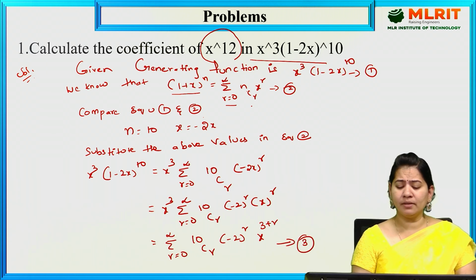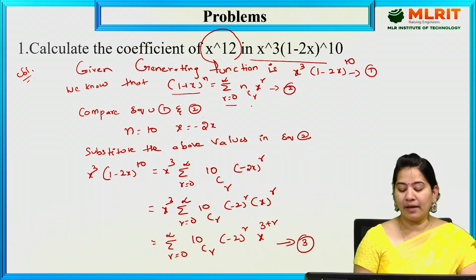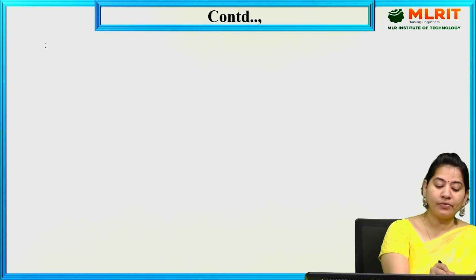After completing this, our aim is to find the coefficient of x power 12. Here we got sigma r equal to 0 to infinity 10Cr minus 2 power r into x power 3 plus r.